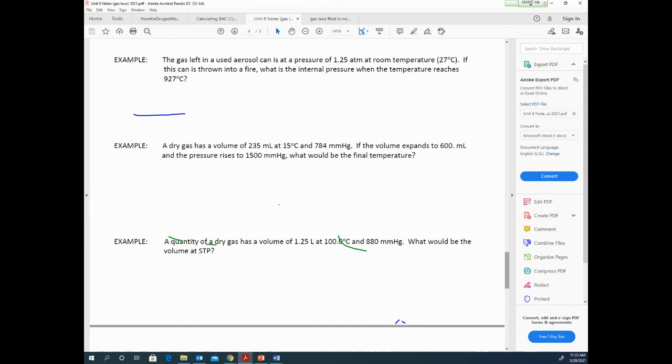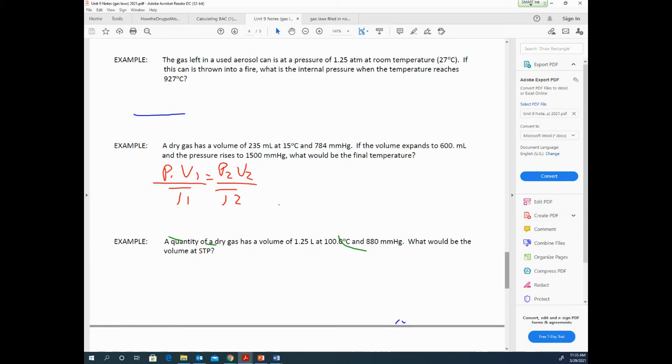I'm going to rewrite my formula. So I have it here, and it's P1V1 over T1 equals P2V2 over T2. Same thing as before: you're going to have all the variables given to you except one, and you're going to have to solve for the one you do not have.